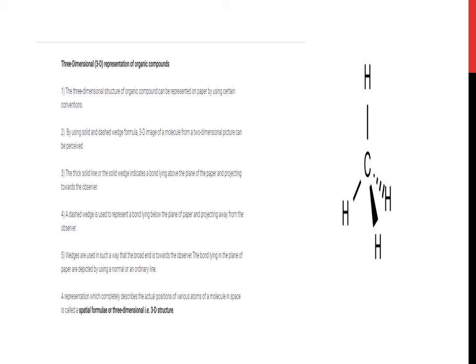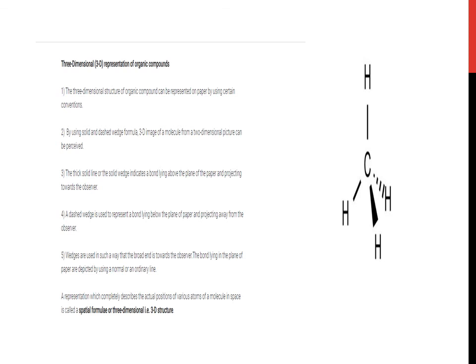The thick solid line or solid wedge indicates a bond lying above the plane of paper and projecting towards the observer. A dashed wedge is also used to represent a bond lying below the plane of paper. Wedges are used in such a way that they point towards the observer.